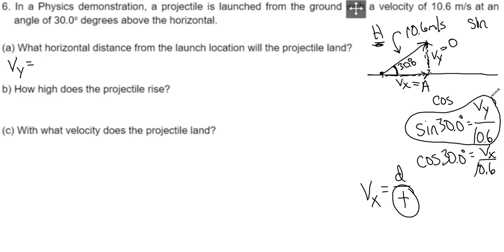If I rearrange that, it's the sine of 30 degrees times the hypotenuse, which is 10.6 meters per second, which gives me a velocity in the y direction of 5.3 meters per second once I plug everything in on my calculator.